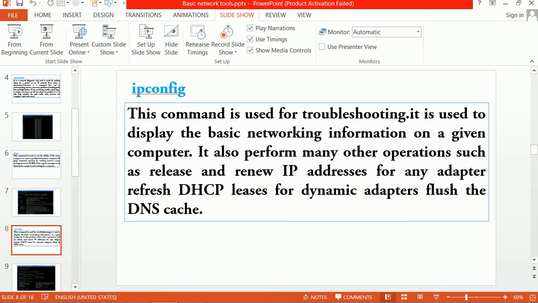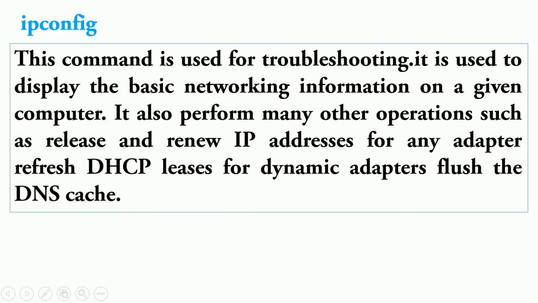Now the next command is ipconfig. That is our third command. It is also used for troubleshooting, and it will display basic networking information for a given computer, meaning the basic config, as its name suggests.